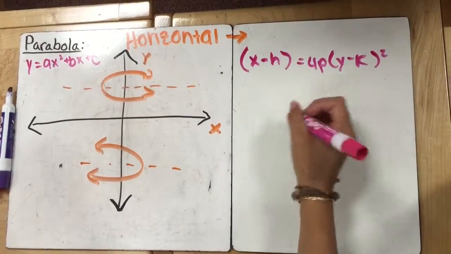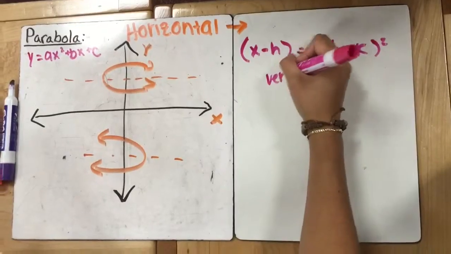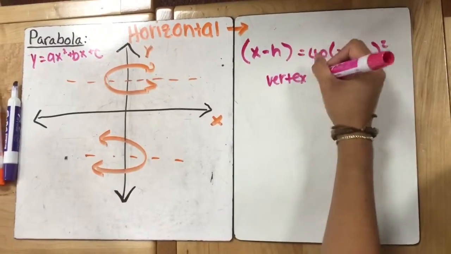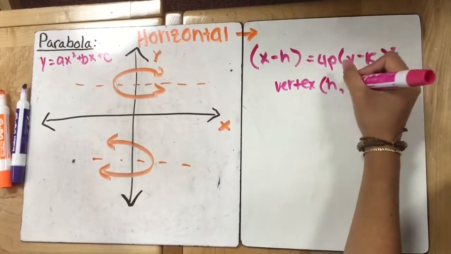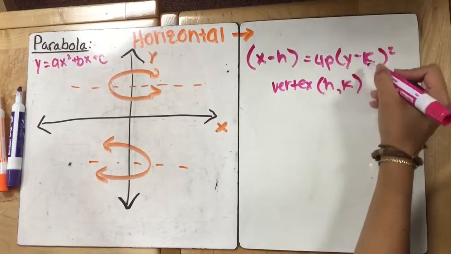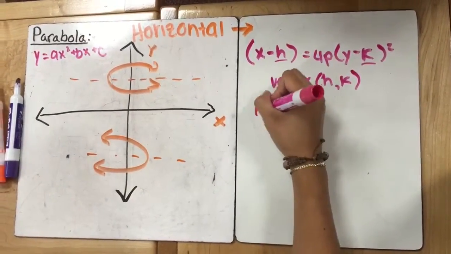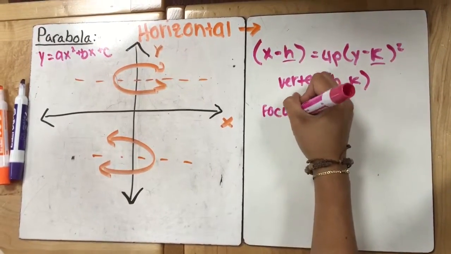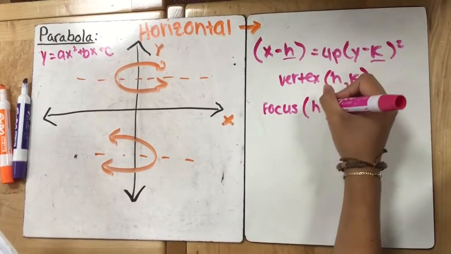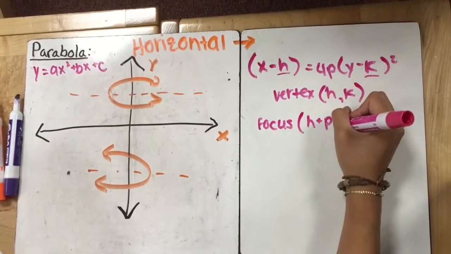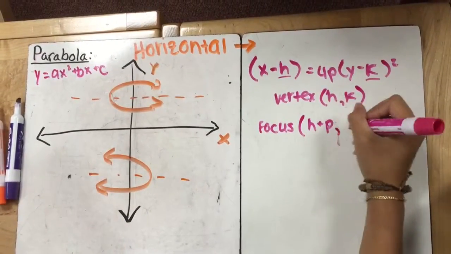And the vertex of this will be h, k, which you can obviously find here. The focus of this will be h plus p, k.